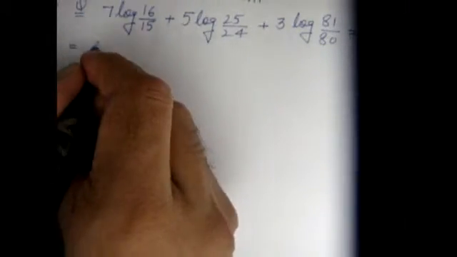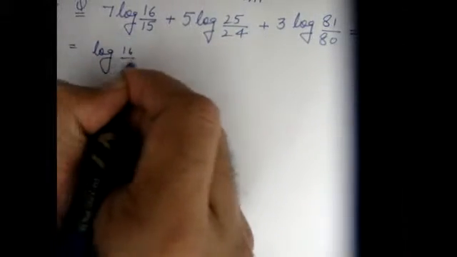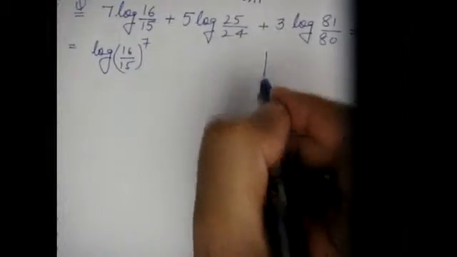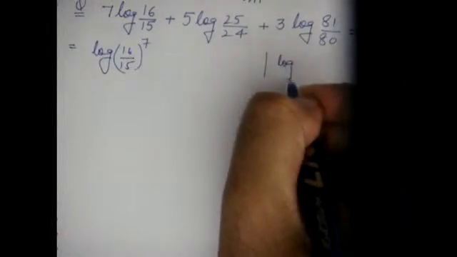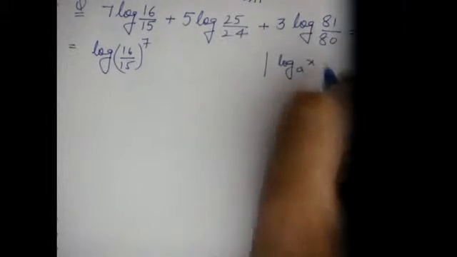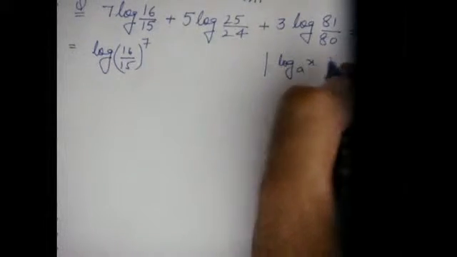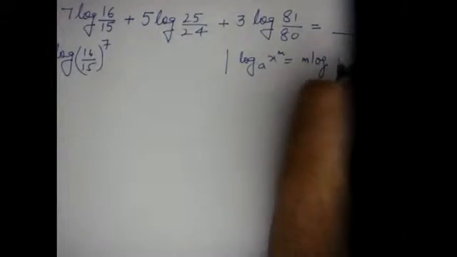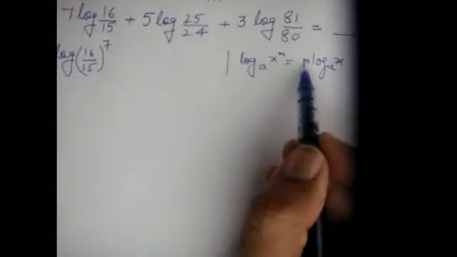We can write it as log (16/15) whole to the power 7. How? We have a formula that says that if we have log x to the base a with x having power m, that is equal to m times log x to the base a, that is, that power comes into the multiplication.